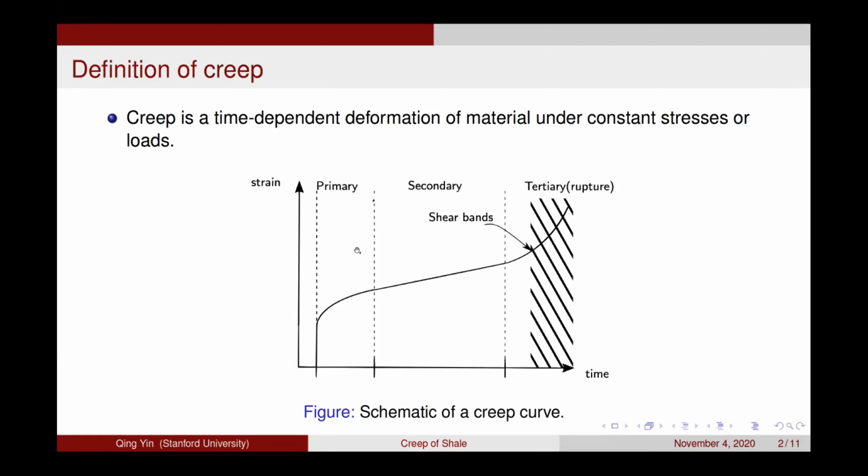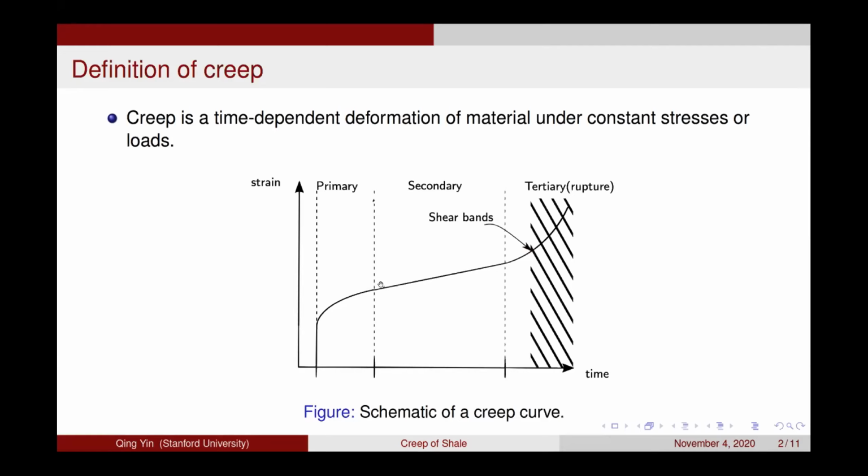A typical creep strain versus time plot is shown here. At a certain time, we apply a constant load, and the material along that direction will undergo elastic deformation immediately. After that, as time goes, it will go through three stages of creep.